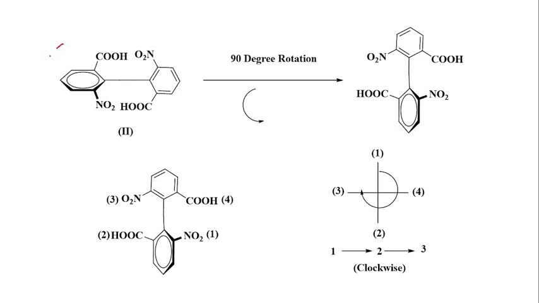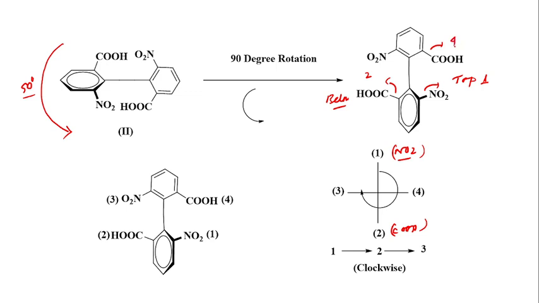This is one. So this is our target. Just rotate it by 90 degrees. So look at this one. Now top is 1, nitro, below is 2, this is acid. In brackets I am writing this. This is 4, this carbon.